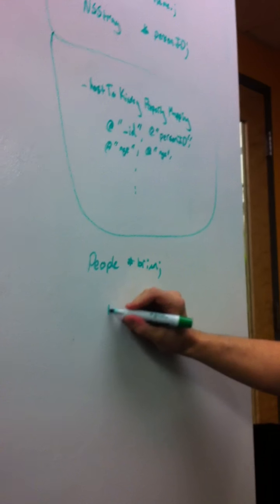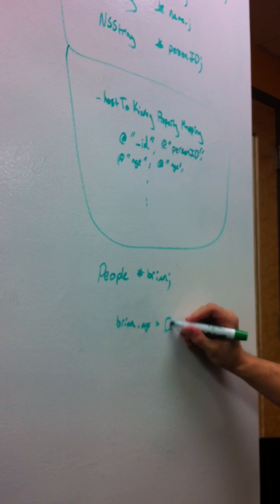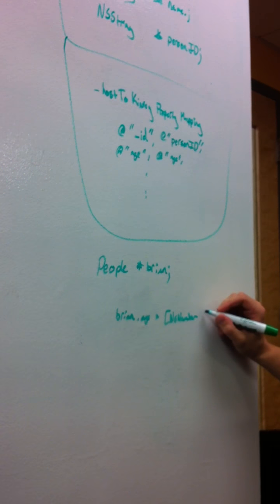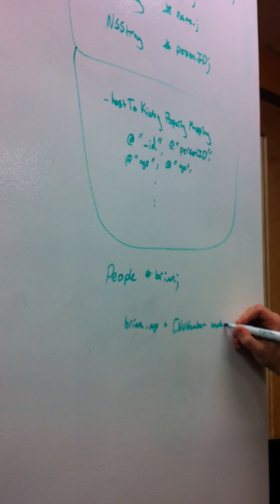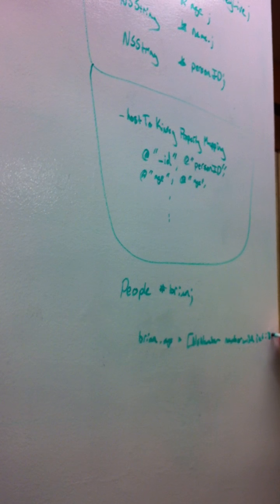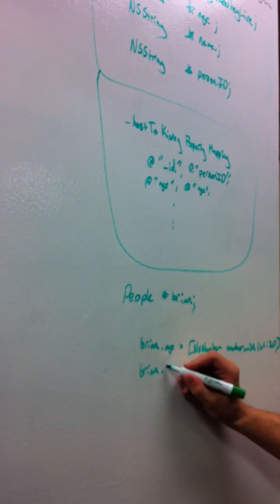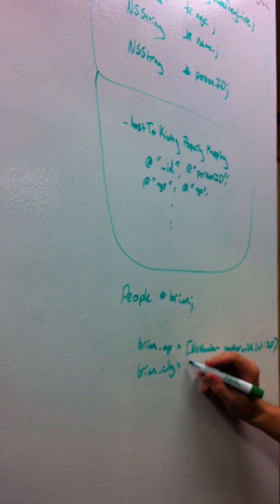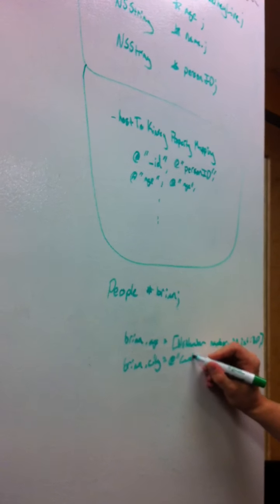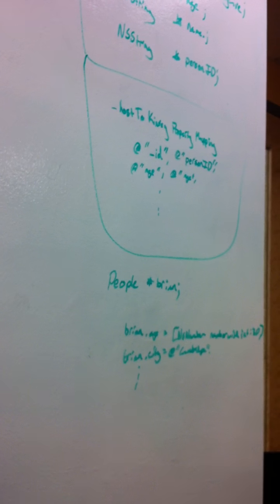You can do Brian dot age equals NSNumber numberWithInt, and then Brian dot city is Cambridge. You build your object the way you would normally do it.